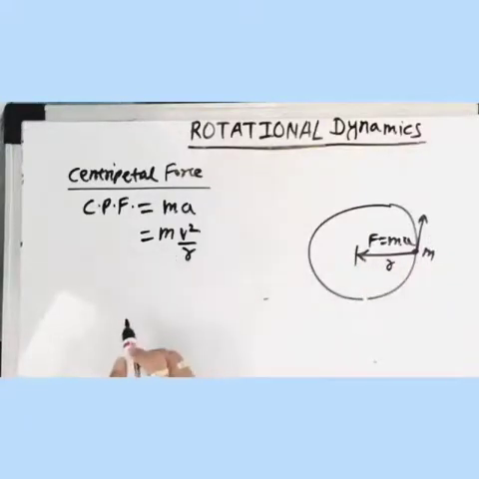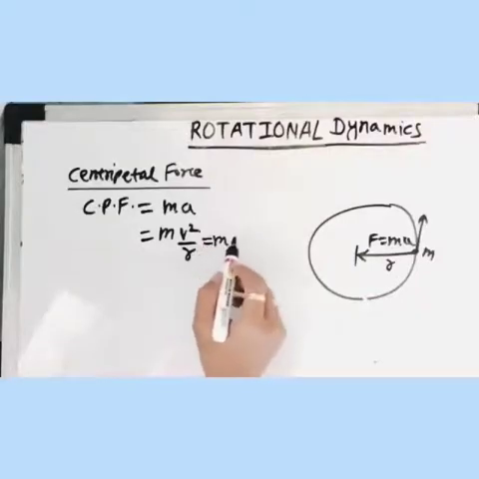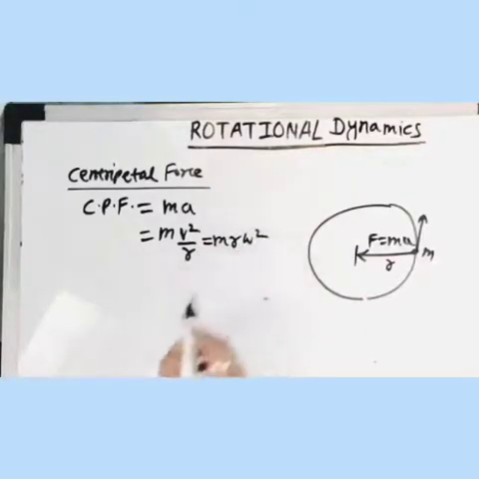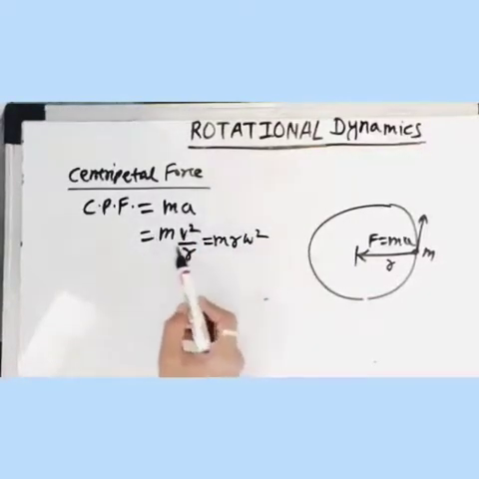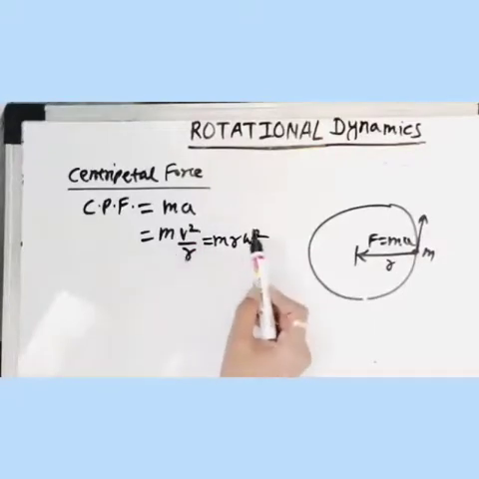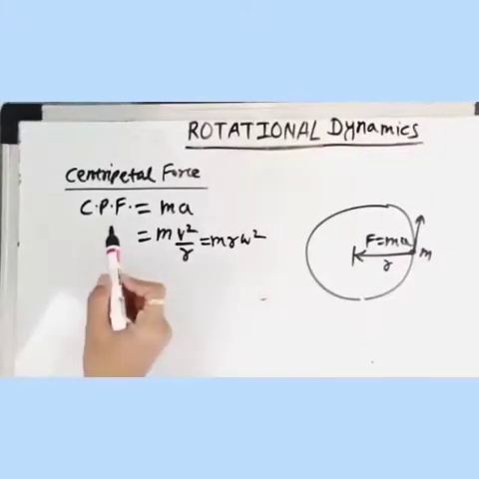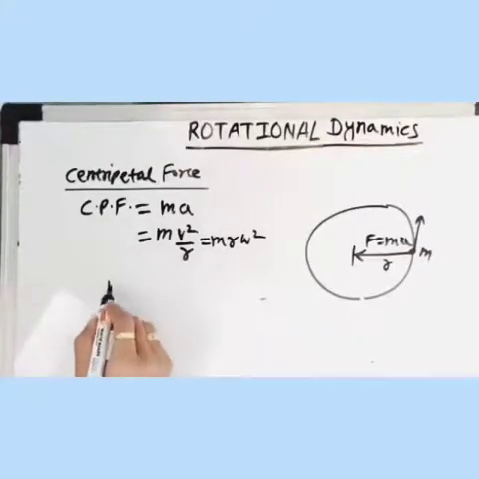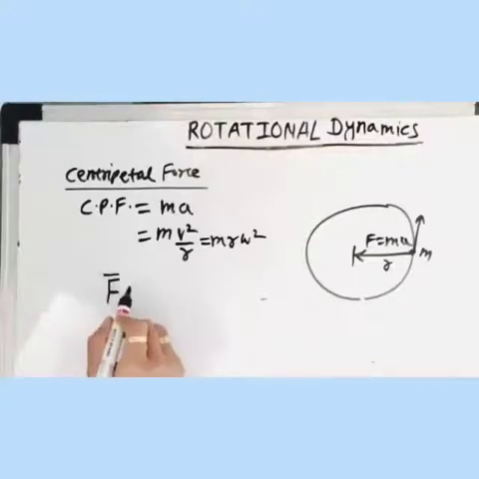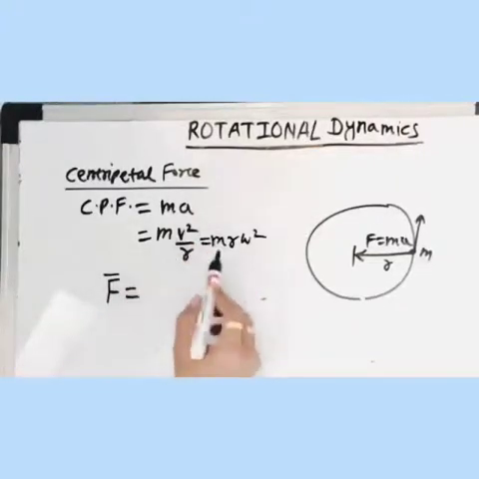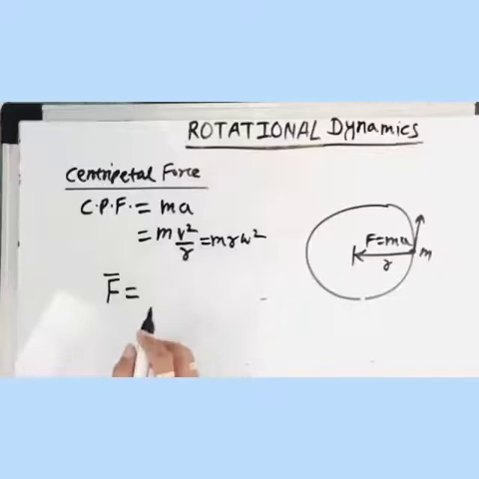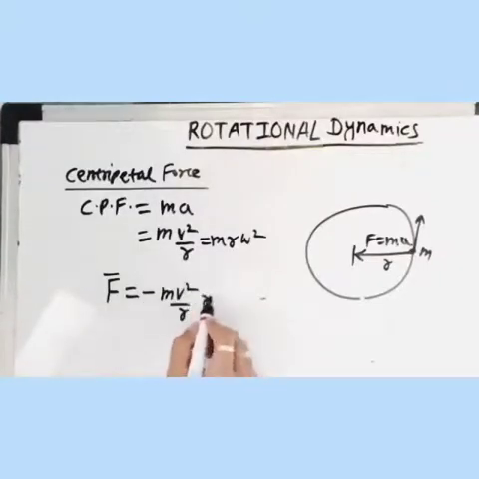This equation can also be written as m r omega square. This we have written centripetal force in terms of linear speed, and this equation we have written in terms of angular speed. But as we know, force is a vector quantity, so we can write this centripetal force F bar, since this is only the magnitude of the force, as minus m v square upon r into r cap.